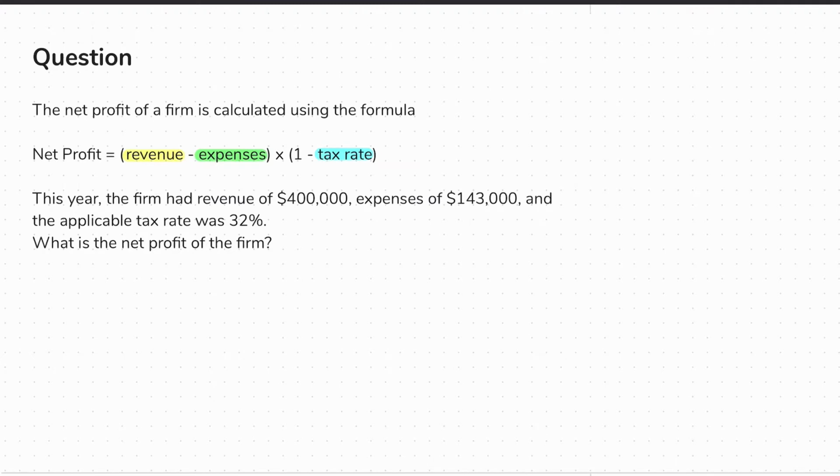So what I need to do is first determine the actual value of these variables. So revenue here is 400,000. So that's my revenue. My expenses, right? And the reason we use variables is that it's different for every single business, right?